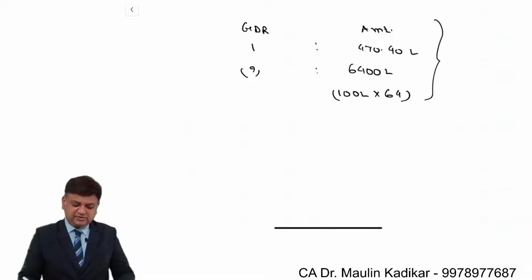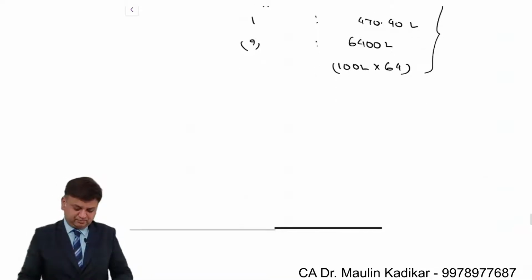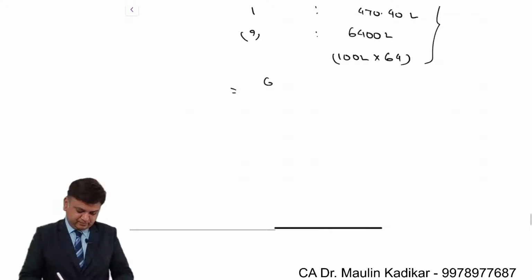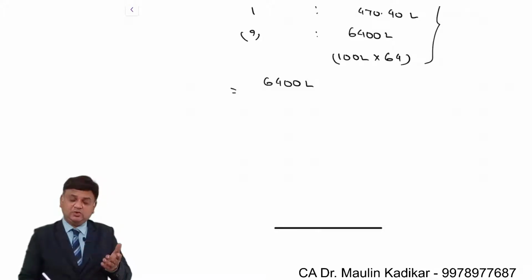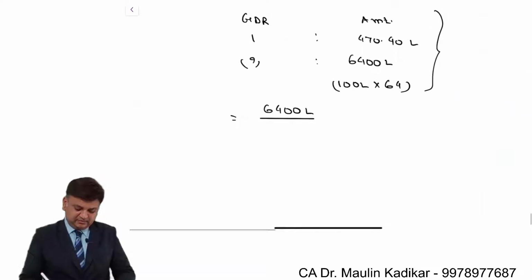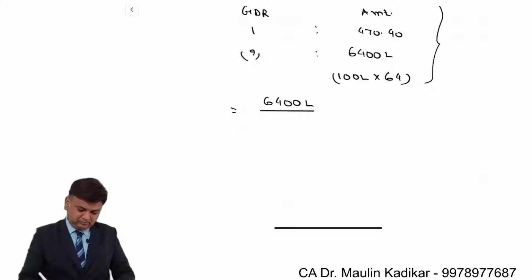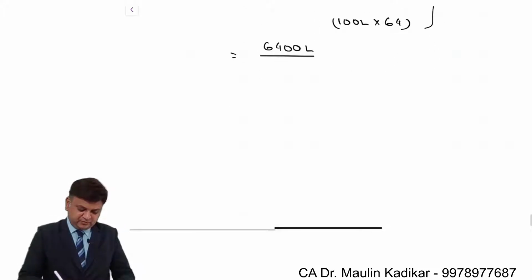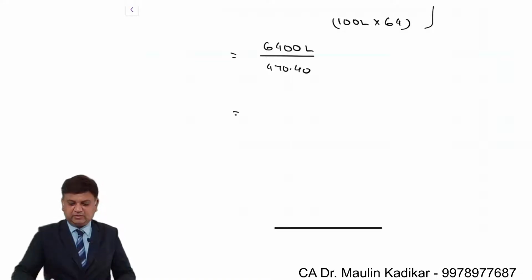So this is the number of GDRs to be issued: 6,400 lakhs divided by 470.4, which is the amount that you receive per GDR.